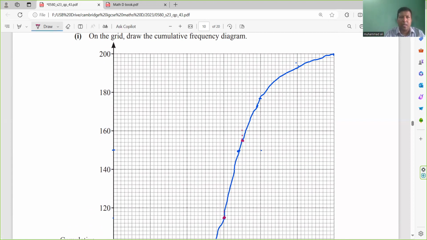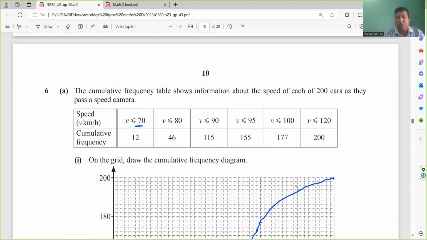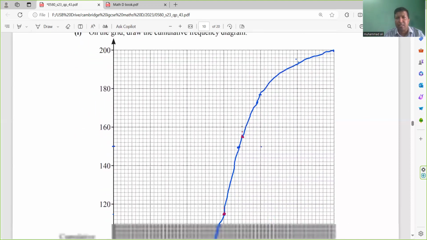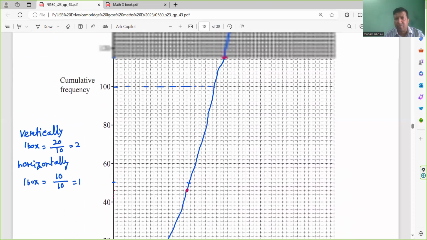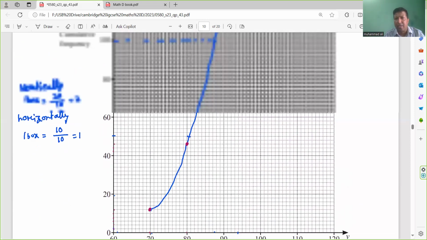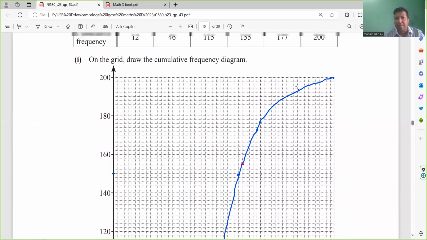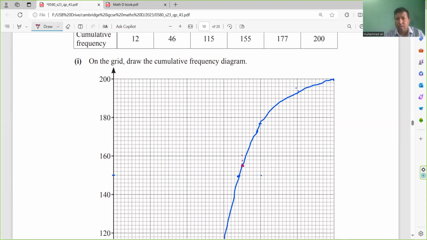Now V less than or equal to 100, 177. At first, 100. This one is 100, and 177 means between 176 and 178. 177 is here, this point.